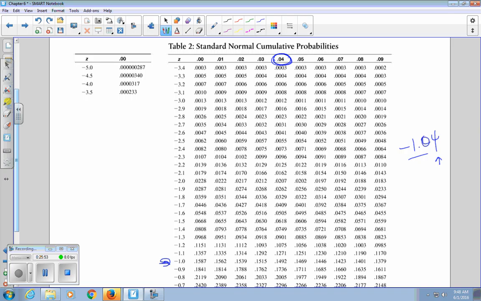So this goes like this. This is the row, negative 1.0, and then we're interested, oops, see, that's why I did the long line. I went over too far. 0.1492.